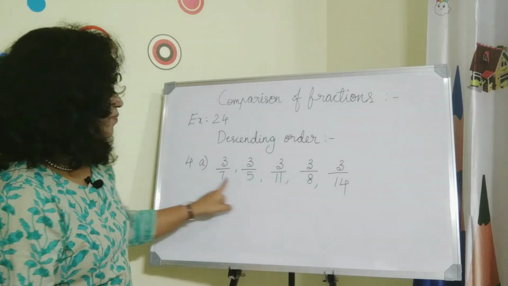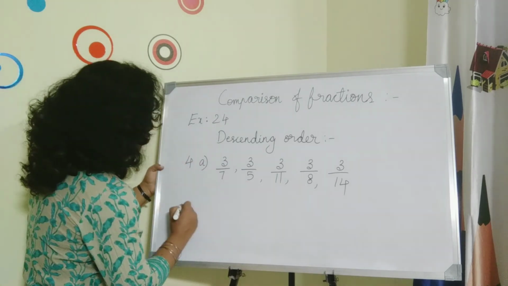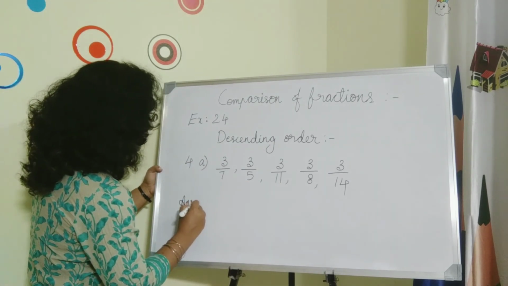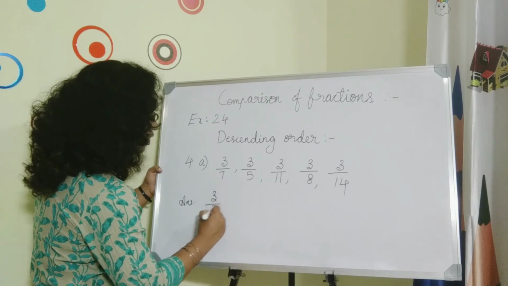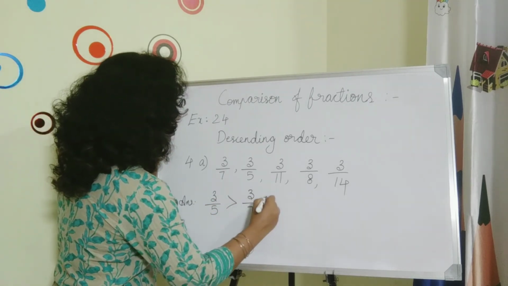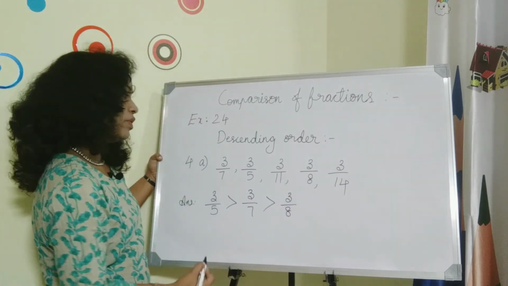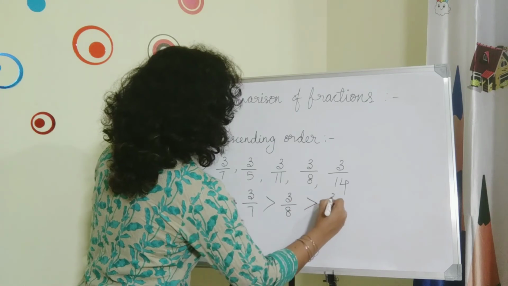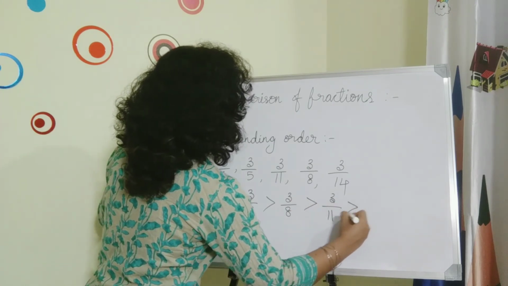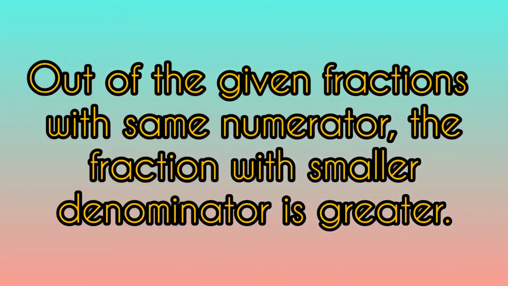So let's check the smallest denominator. Yes, it's here. So our answer is 3 by 5 is greater than 3 by 7 greater than 3 by 8 which is greater than 3 by 11 which is greater than 3 by 14.